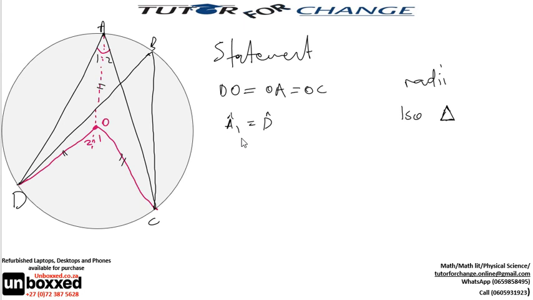For that, your reason should be isosceles triangles because we have an isosceles triangle. Then we can write A1 here as well because they are equal.